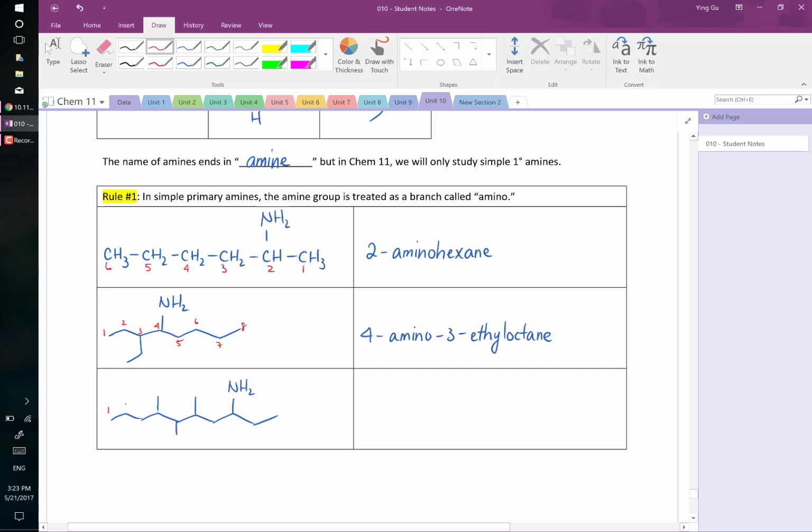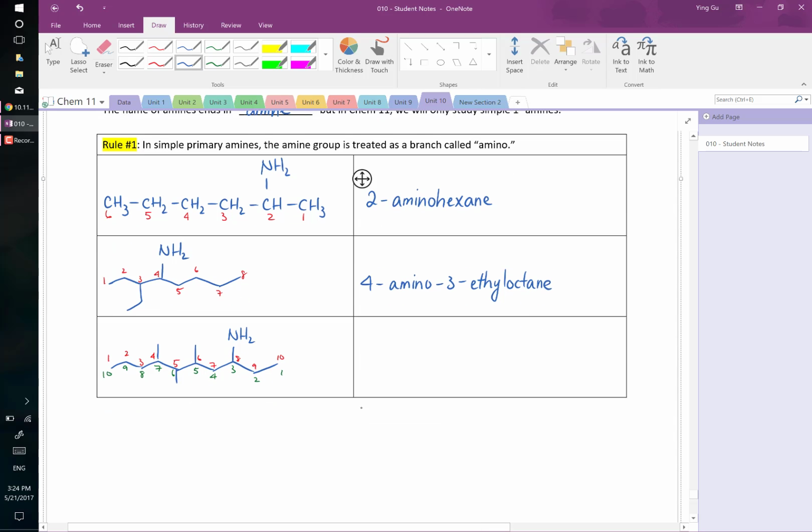We can either go from the left, in which case it'll be 1, 2, 3, 4, 5, 6, 7, 8, 9, 10, or we can go from the right and get 1, 2, 3, 4, 5, 6, 7, 8, 9, 10. Which numbering system are we going to choose? If we choose the red one, we have branches at 4, 5, 6, and 8. If we choose the green one, we get 3, 5, 6, 7. So it looks like the green method wins because that is the lower number set.